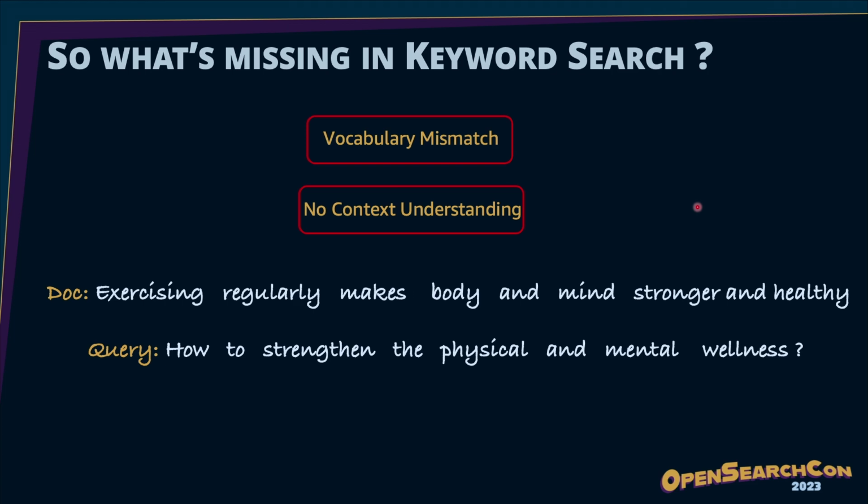Okay, so if you see here, there are no common tokens or keywords between the query and document, right? And as a result, even though you have this document in the document store, it's not going to be brought as a response because there is no keyword match. There are no common token matches.